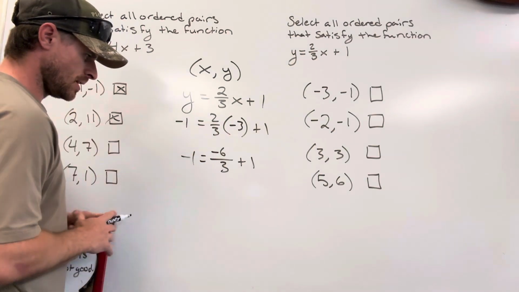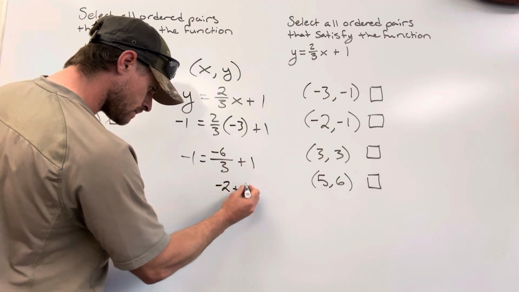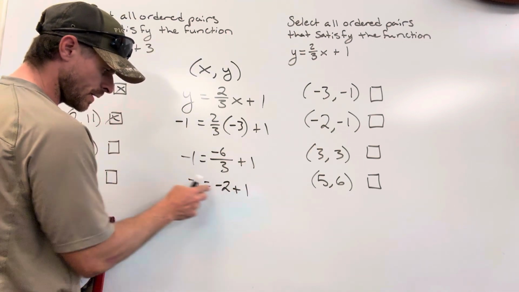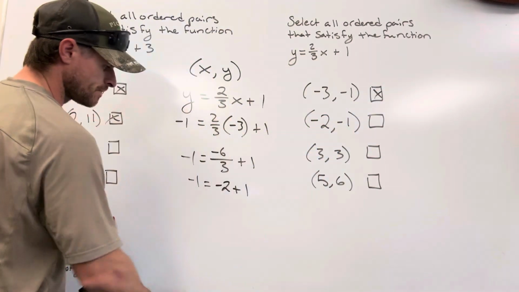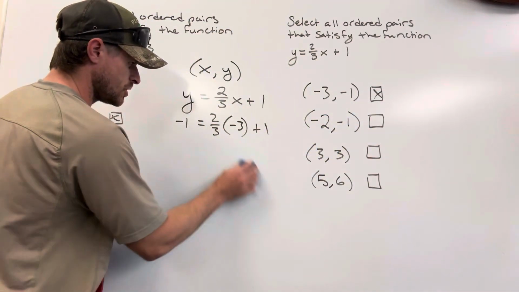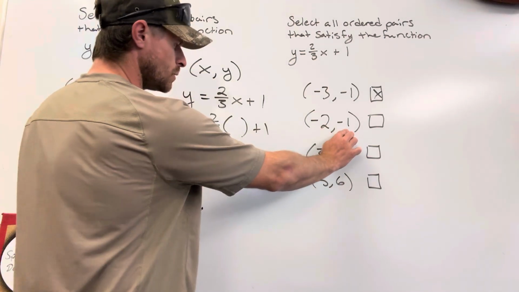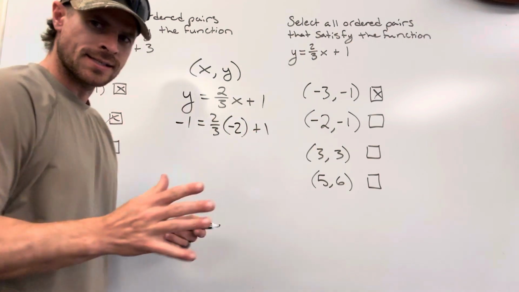So let's see what happens here. -6 divided by 3 is -2. -2 plus 1 would be -1. So you're going to get an x. Next, change the -3, change the -1. Now we're using -2 and -1. Wait a second, think about this.